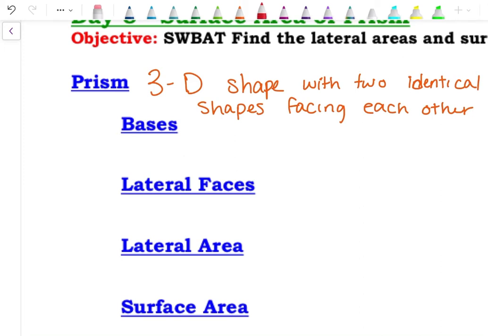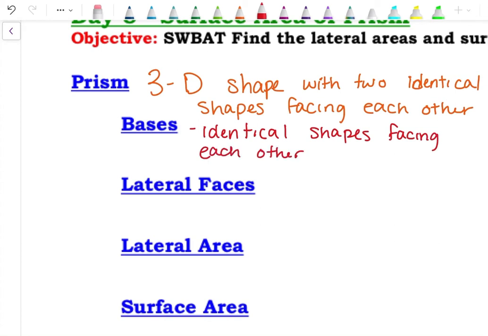So those shapes that are facing each other, that are identical, we call those bases. And these shapes can be anything from triangles to squares to rectangles to hexagons, octagons.